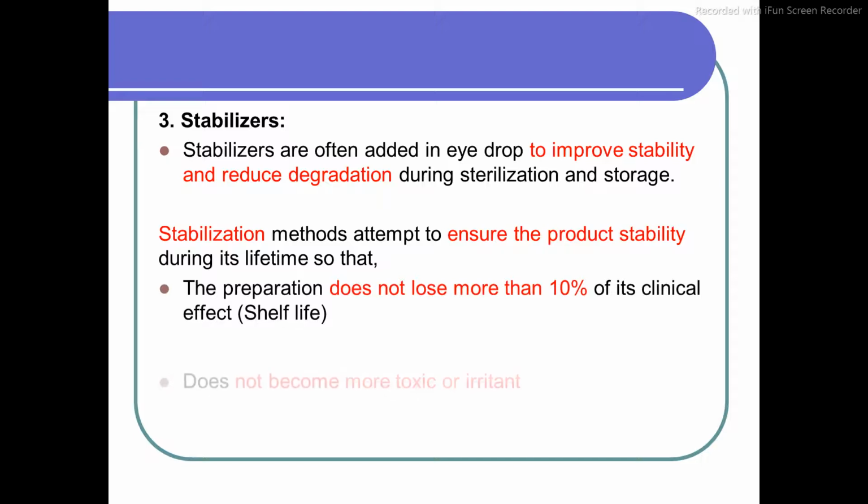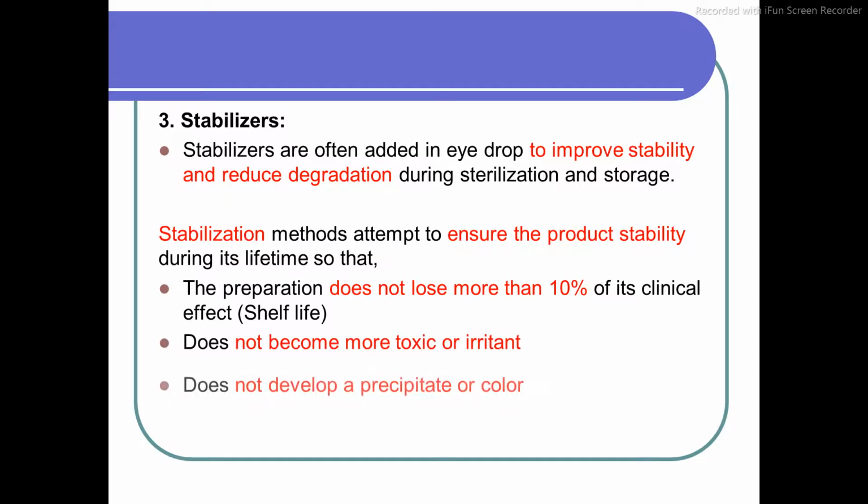Okay. Then it does not become more toxic or irritant, and does not develop a precipitate or color. How will your drug become more toxic or irritant? Because sometimes, because of the drug degradation, there might be a change in the pH of your preparation. So because of the change in pH of your preparation, it may be highly toxic or irritant to your eyes.